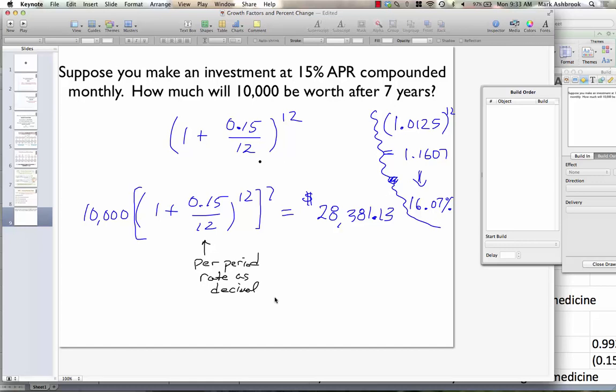To get what? What's growth factor? Why do we add 1 to the per period, or that was per month, right? That was the per month rate as a decimal. And we added 1, and it gave us the monthly growth factor.